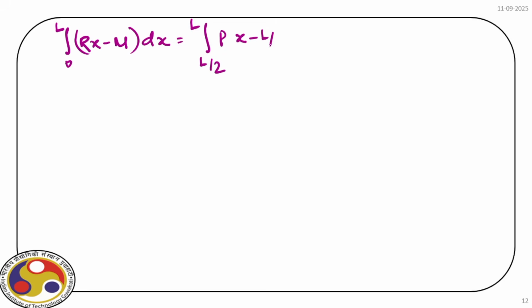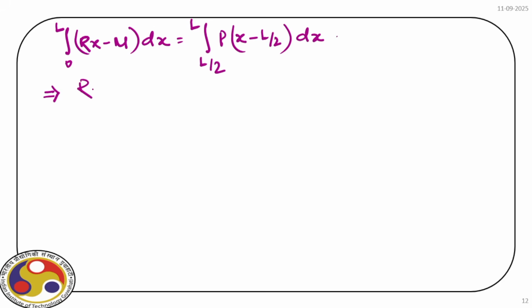Let us just write it once more. We have 0 to L Rx minus M dx is equal to L by 2 to L, and we have P times x minus L by 2 times dx.